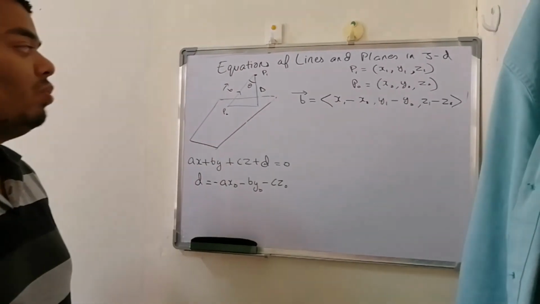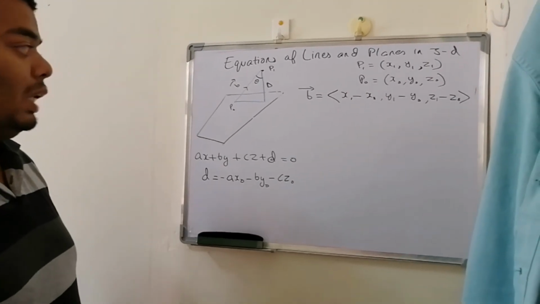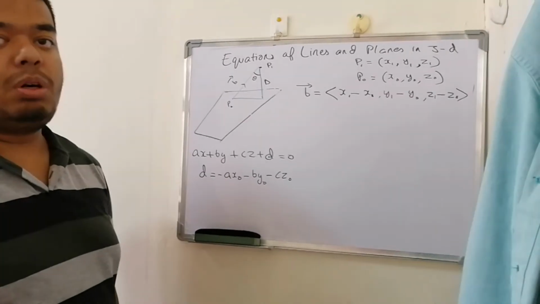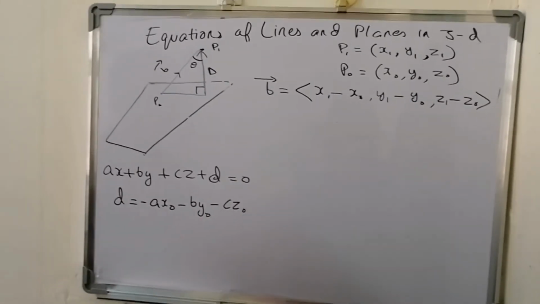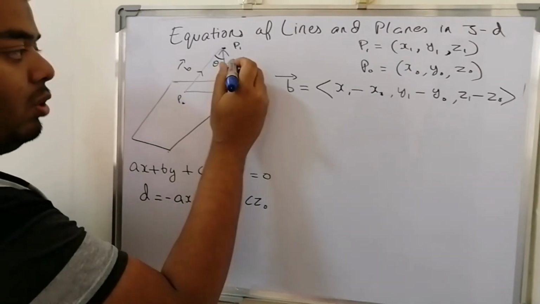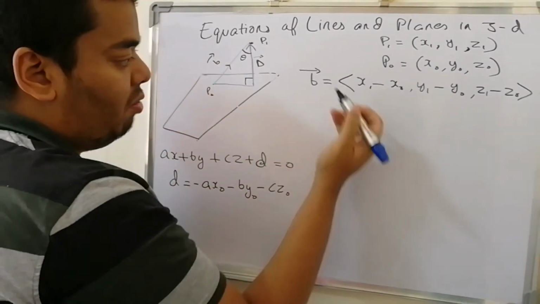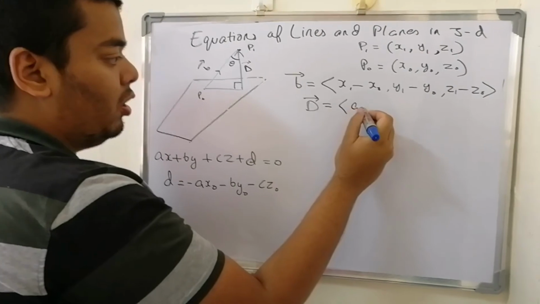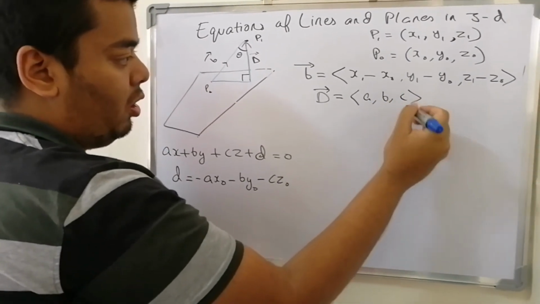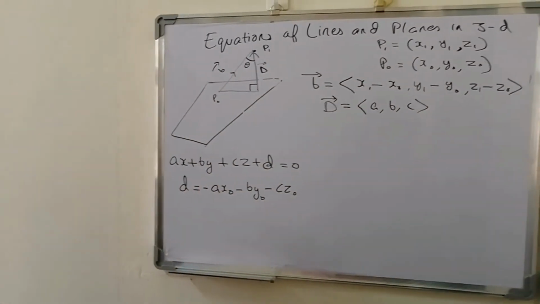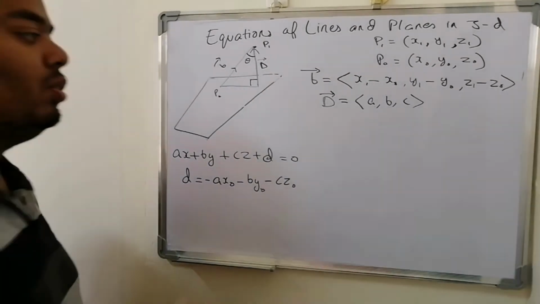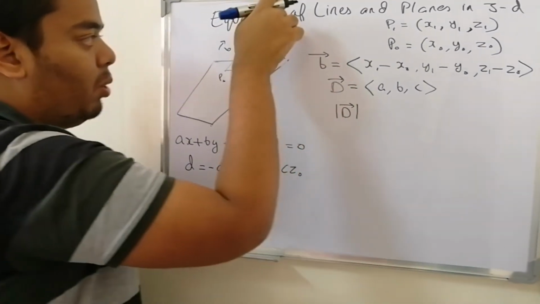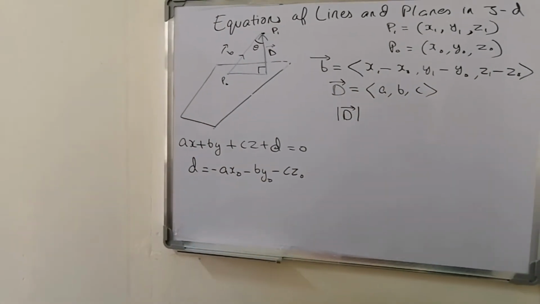So we have to derive the formula for the projection. Give the vector D a name and a value. Now we have to find the magnitude of vector D, which is the distance from the point P1 to the plane.